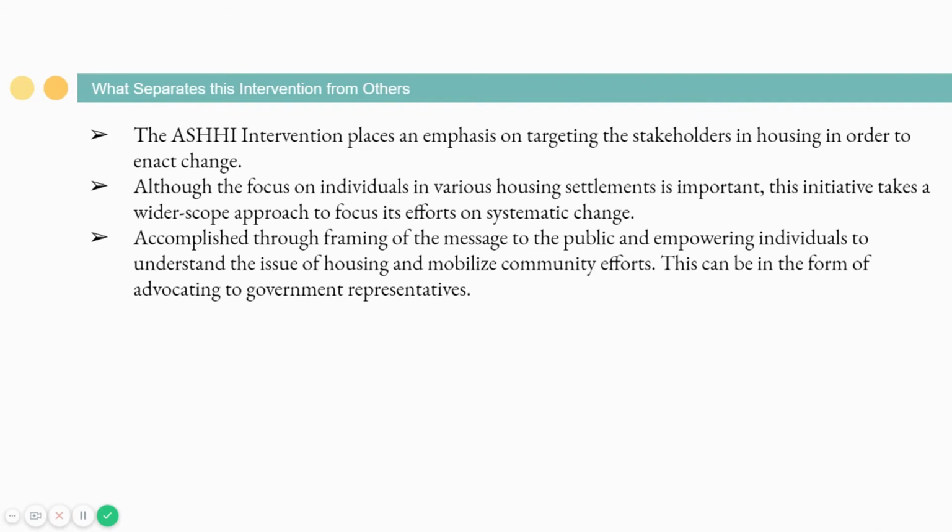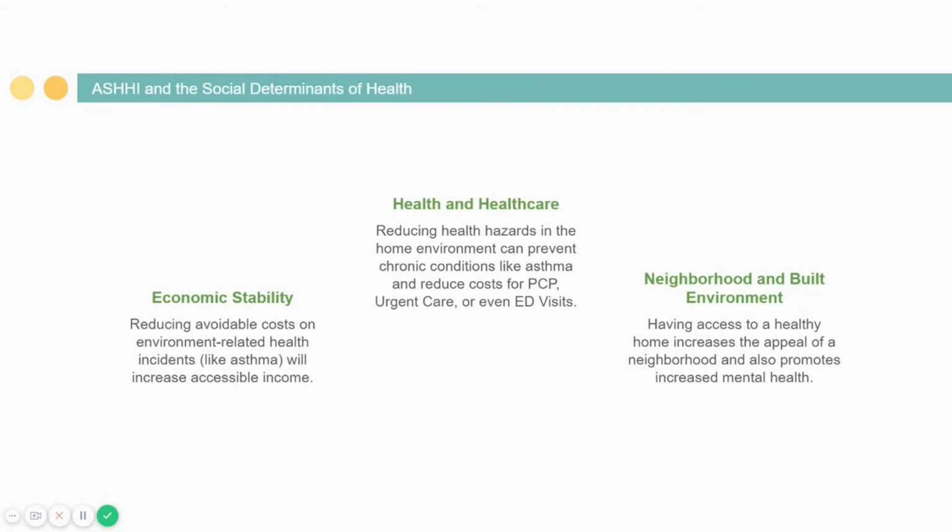By doing this, ASHE seeks to mobilize community efforts, which can come in the form of advocating to government representatives or joining local activist groups in order to enact change. In essence, ASHE seeks to mobilize the community in order to make an impact.